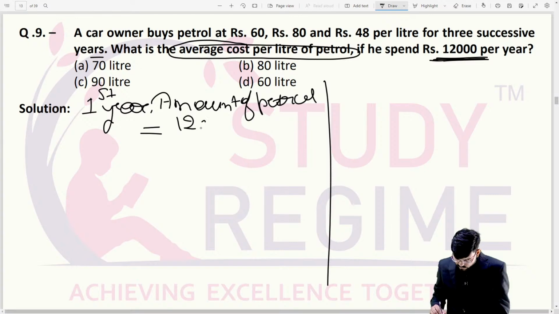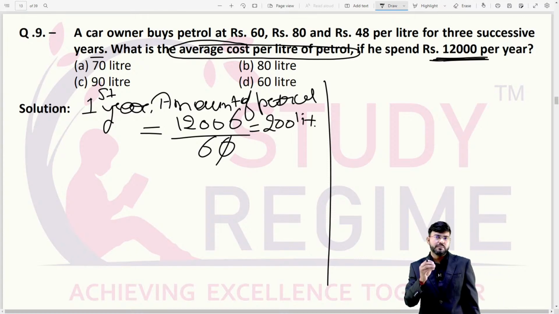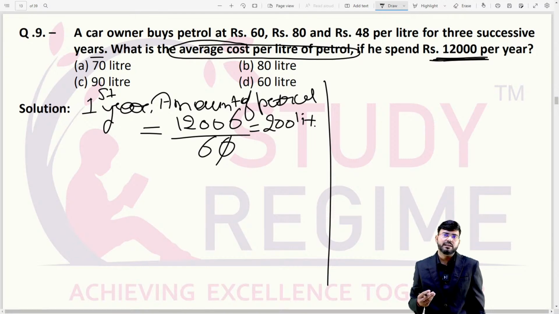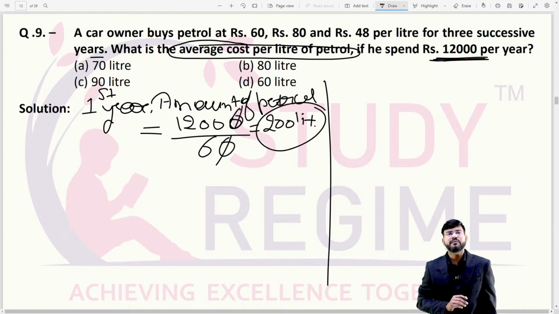He has given 12,000 and purchased at a rate of 60. So this cancels out and you will get 200 liters. Clear? In the first year I am just calculating the quantity of petrol he has purchased. He has spent 12,000 and I have divided by 60, 0 gets cancelled out, so he purchased 200 liters of petrol during the first year.